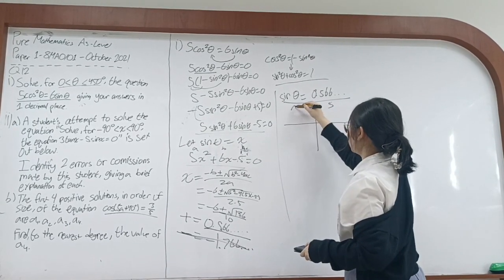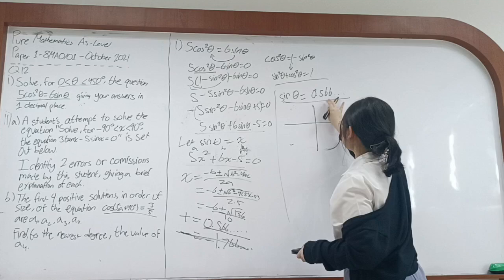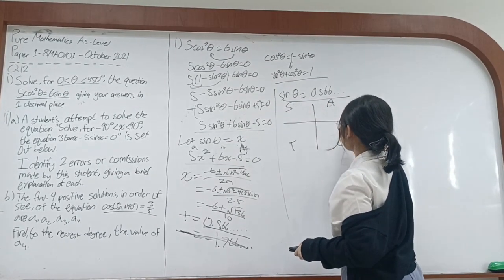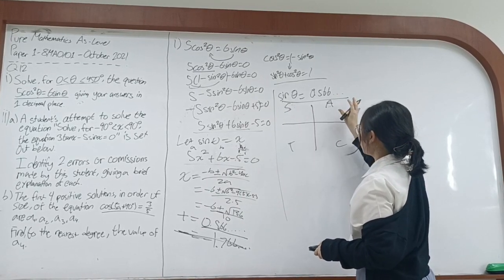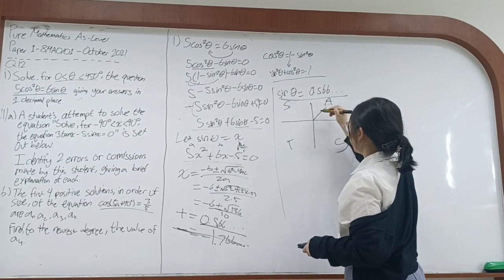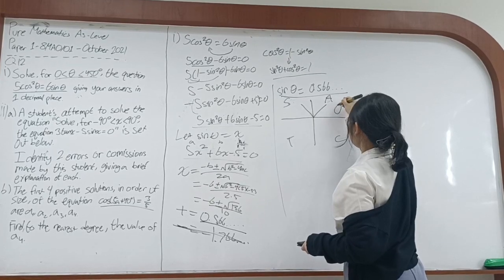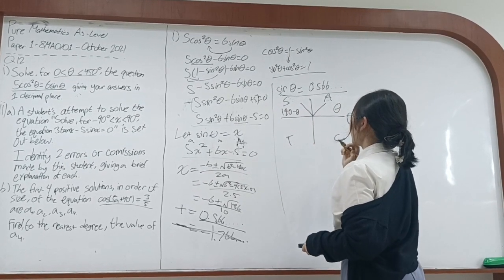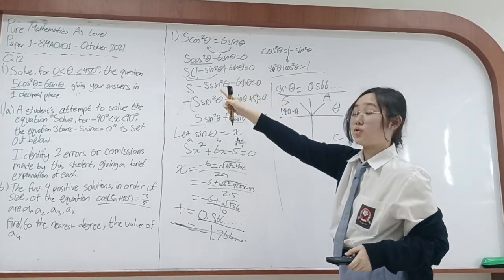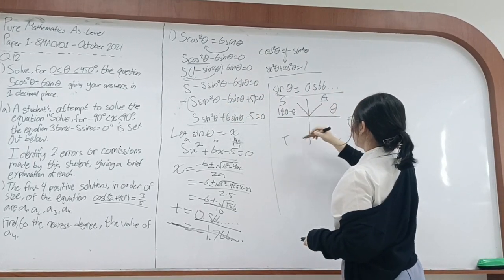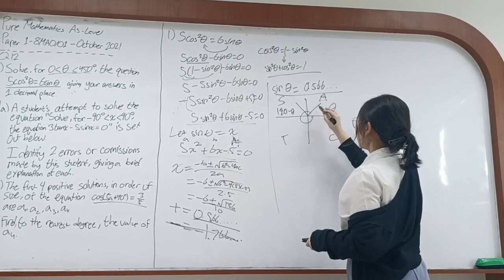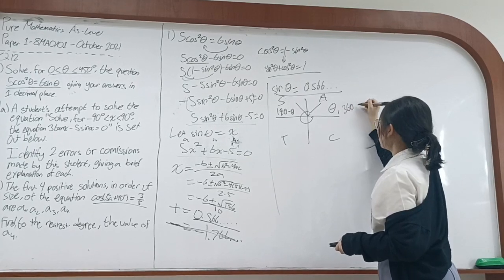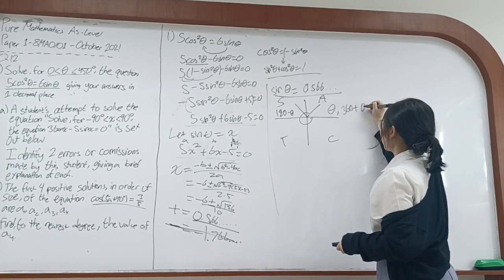Using ASTC, since it's positive, it will be found in quadrant 1 and quadrant 2, which means we find theta and 180 minus theta. And also one last one, since the range goes up to 450, we will go in a full circle again, which means we'll find another answer, which will be 360 plus theta.